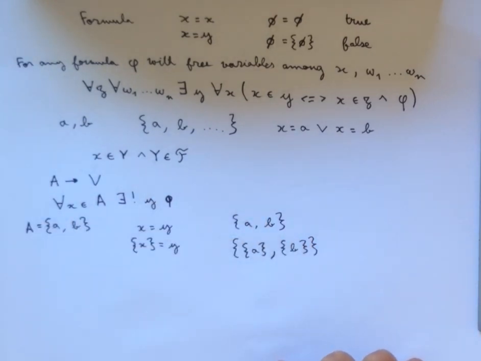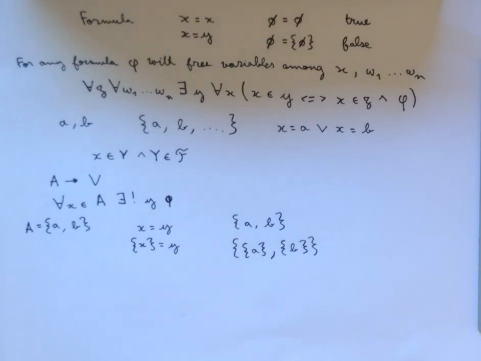And so, as I'm sure you can anticipate by now, our next axiom is going to say that we can take sets and take their images by these formula functions that we've made, and those are going to be sets as well.